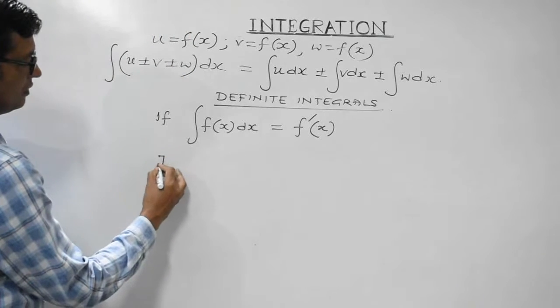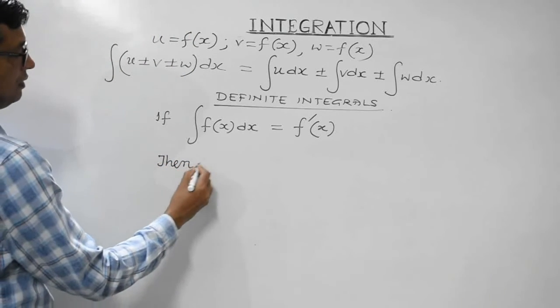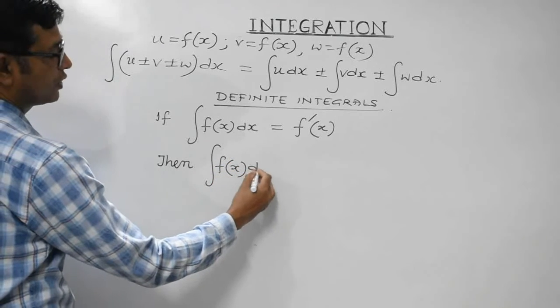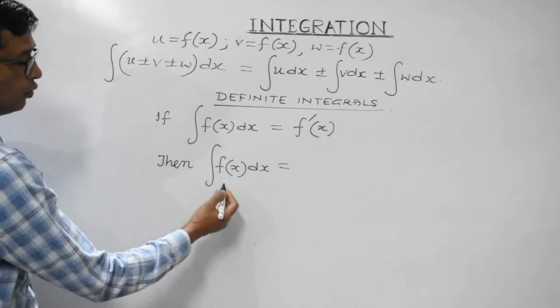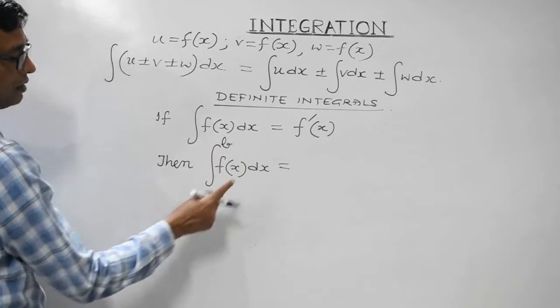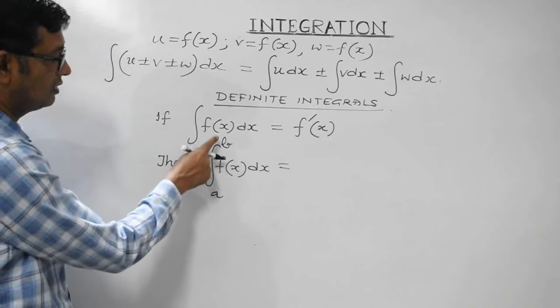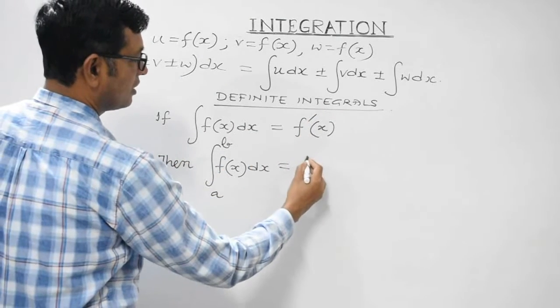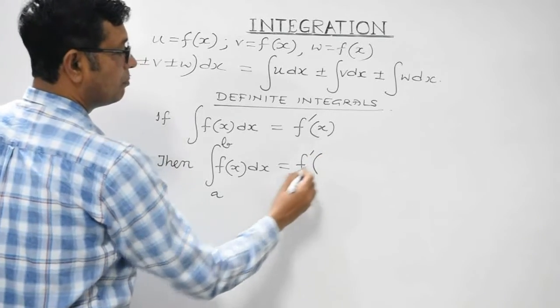Then integration of f(x) with respect to x from lower limit to upper limit, from say a to b. This is known as the lower limit and this is known as the upper limit. It will be given by, after obtaining the integration, simply substituting upper limit minus lower limit.